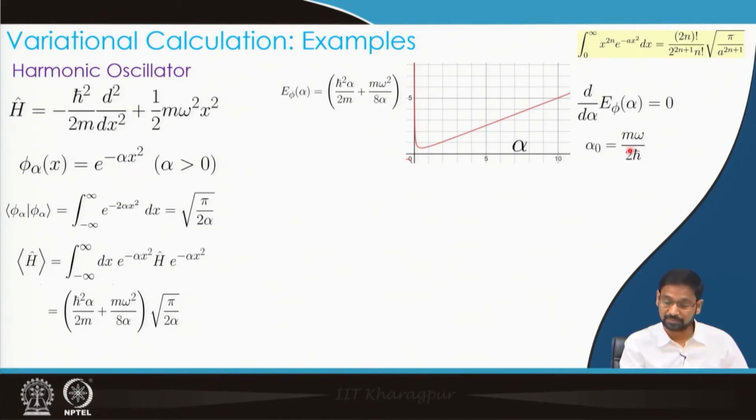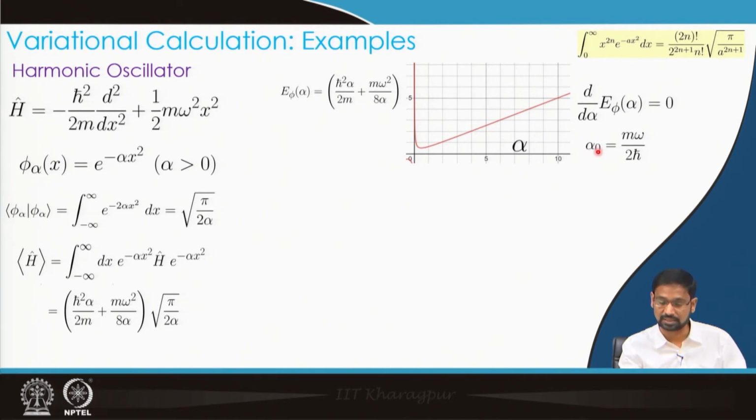And when I put this alpha 0 in this energy expression, the value that I get tells me the best energy corresponding to the choice of the trial wave function that I have made. So, alpha 0 is the best case scenario corresponding to this trial wave function.